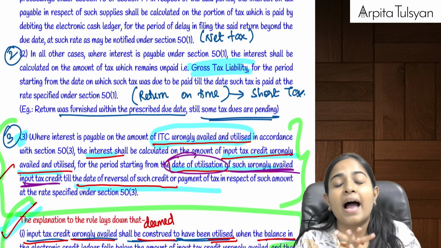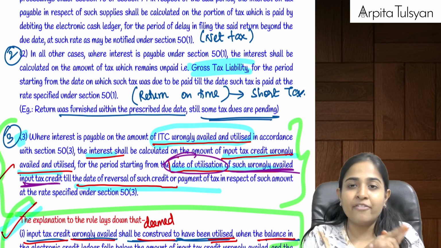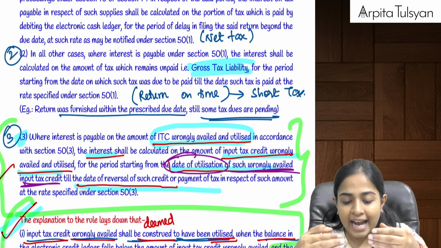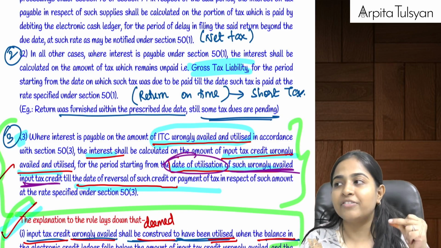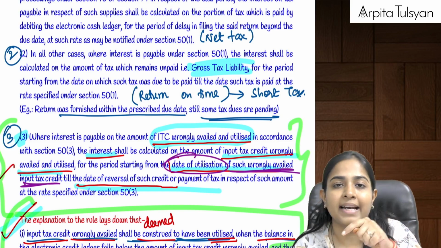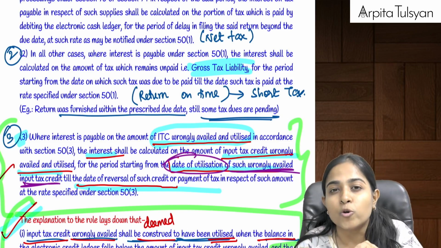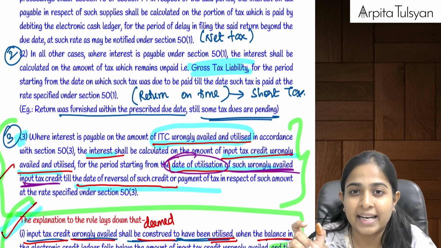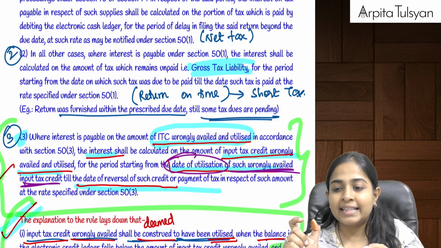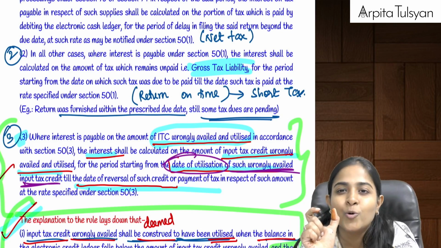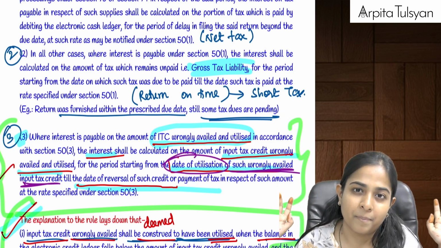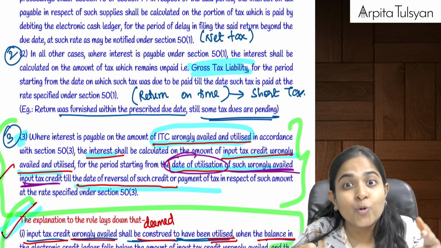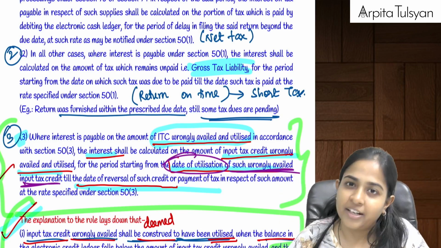Now, if the balance in your input tax credit ledger goes below 10 lakhs, how much was my wrongly availed ITC? It was 10 lakhs. So the government is telling that till the time you don't use this 10 lakh, we don't have any problem. But as soon as you use this 10 lakh, we are going to charge interest from you.